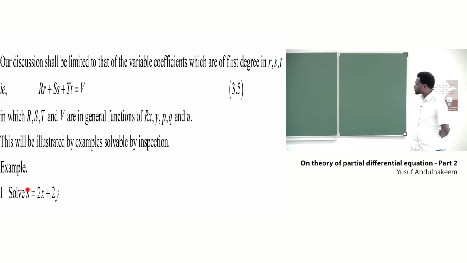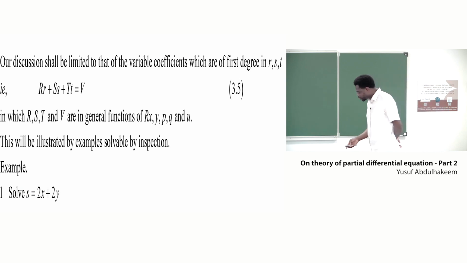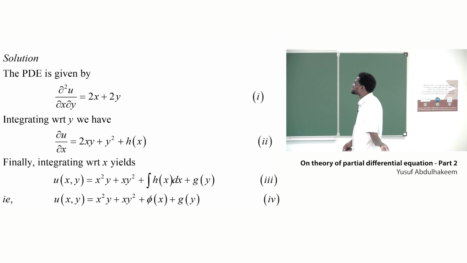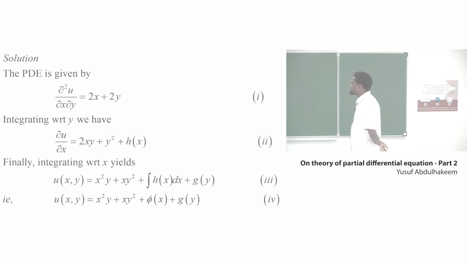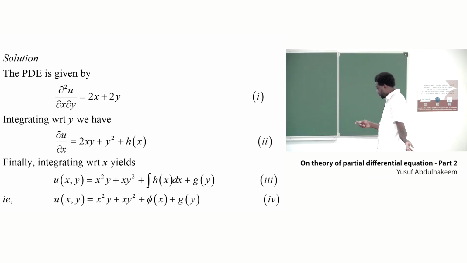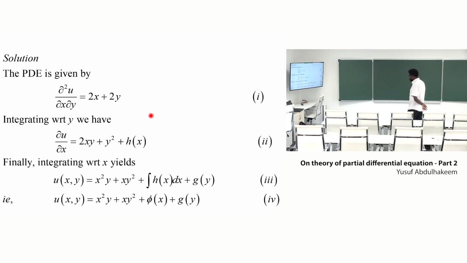We know that this S is a differential, so the PDE is given by S is ∂²u/∂x∂y. So S is equal to 2x plus 2y, then we have ∂²u/∂x∂y equal to 2x plus 2y.